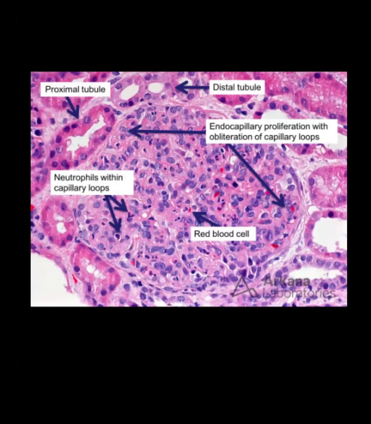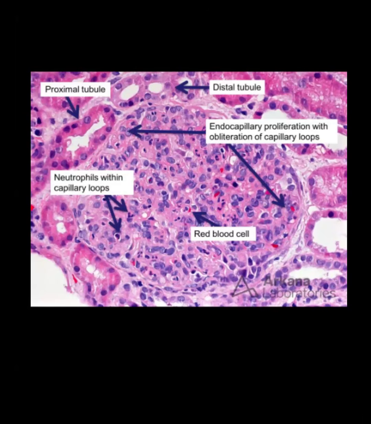So what are the 6 classes of lupus? Focal proliferative GN, diffuse proliferative GN, then the MPGN, then FSGS, then amyloidosis, and finally cryoglobulinemia. So the 6 classes should be asked by any examiner to you, so you should be very careful.